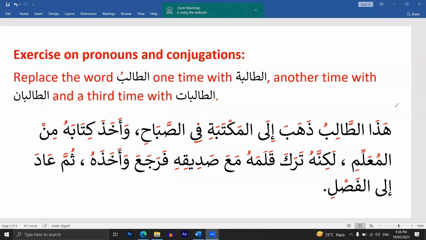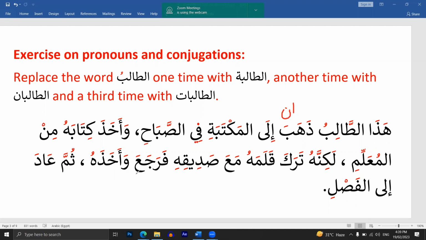هذان الطالبان ذهبان إلى المكتبة في الصباح، وأخذان كتابهما من المعلم، لكنهما تركان قلمهما مع صديقهما، فرجعا وأخذاه.